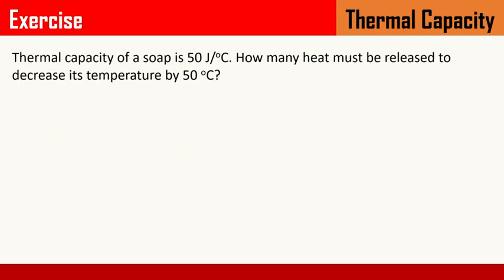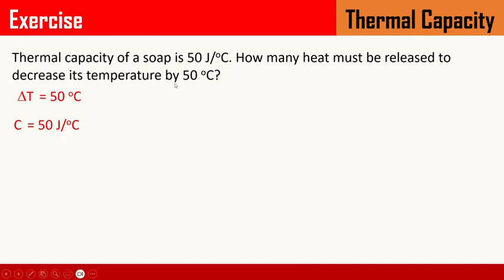Now, the next question. I give you 10 seconds to read the question. Okay, from here we got the heat capacity, 50 joule per degree Celsius. We have the delta T. Why do we have the delta T suddenly? Be careful.